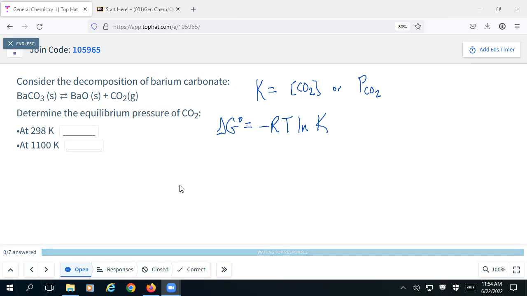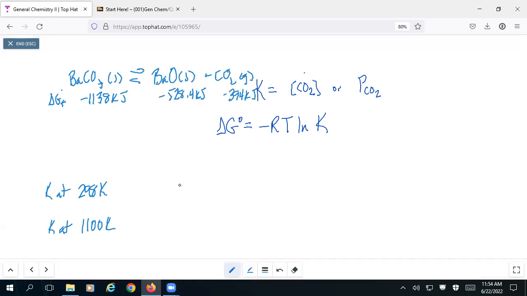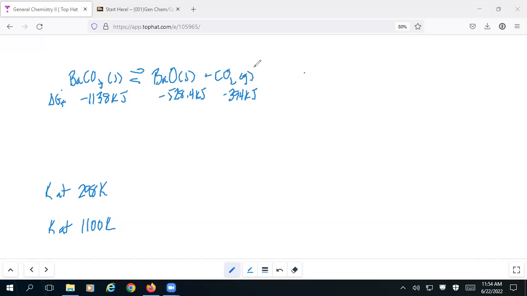So this is the equation that we are striving for. We need to know what delta G is, though. And so to do that, we're going to have to figure out what delta G is from these formational values.